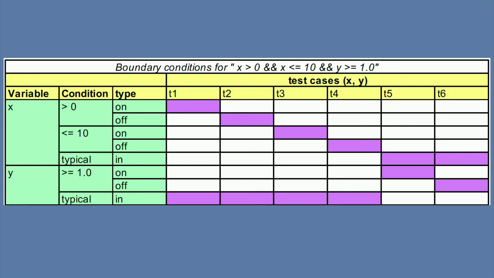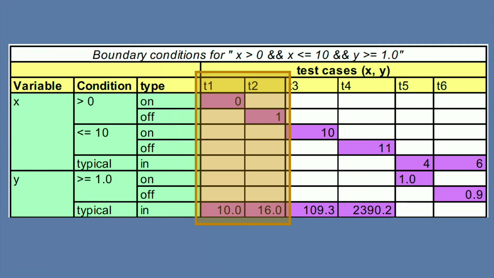Let me go to a concrete example. Let's suppose we have the following condition: x greater than 0, and x smaller than or equal to 10, and y greater than 1.0. So we have basically three boundaries there. We should look at each one of them independently, meaning kind of ignoring the others, and think about the on points and the off points, and simply use any in points for the other conditions.